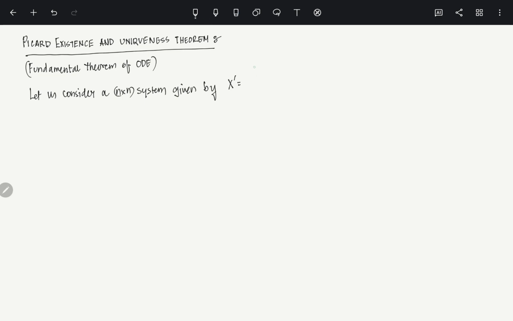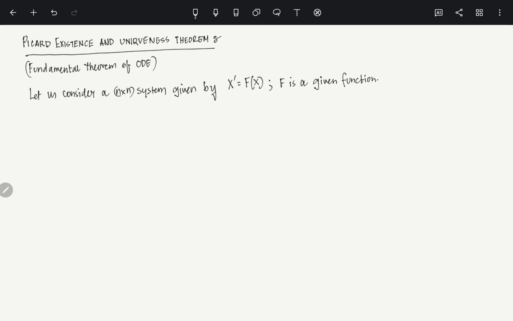We are not looking for a linear system, but for x prime equals f of x. That's a system, and f is a given function.